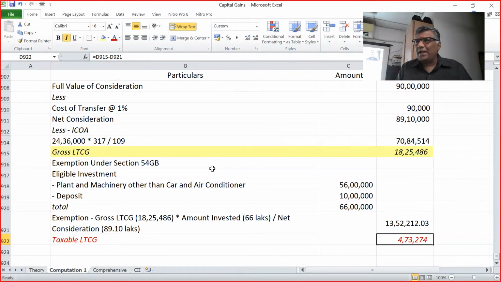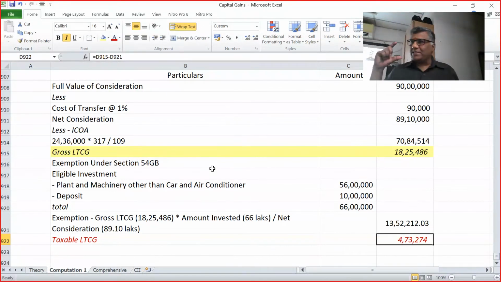Or the consideration, you can apply for extension of time. 55 is to do again with cost of acquisition, their goodwill and all is nil, and cost of improvement. Okay, 55 talks about cost of improvement. And 55A is valuation officer reference.